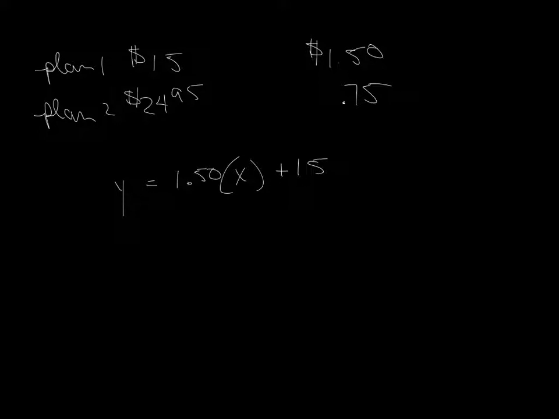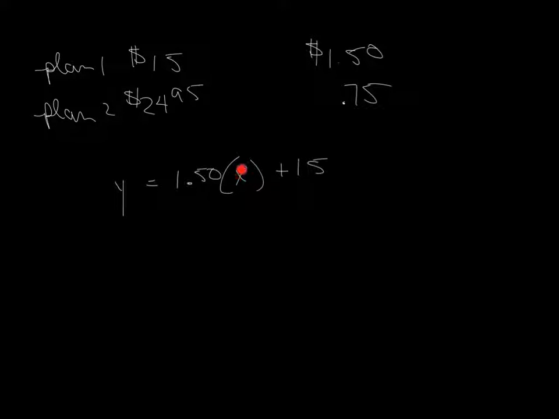So let's say that I talk on the phone 10 minutes. So 10 minutes times $1.50 is going to be $15 plus this 15. That means it's going to cost me $30 a month to talk 10 minutes.